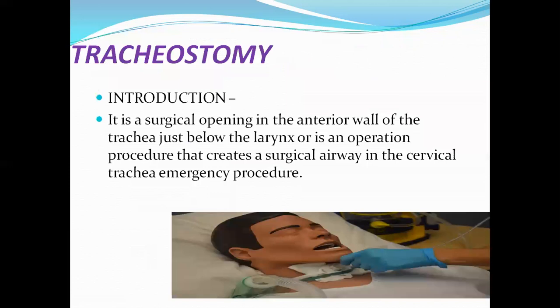Then what is tracheostomy? It is a surgical opening in the anterior wall of the trachea. The surgeon does the surgical opening in the anterior wall of the trachea, just below the larynx. It is an operative procedure that creates a surgical airway in the cervical trachea, an emergency procedure.